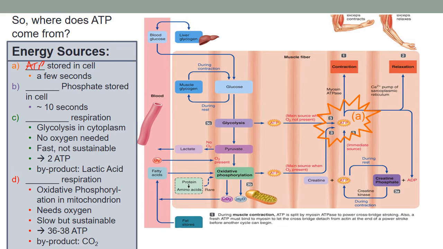Well, there's another energy battery in the cell. If ATP is the main battery, there's a backup battery that is only found in muscle cells, and that backup battery is creatine phosphate. You may have heard of bodybuilders using creatine supplements to try to bulk up their muscles for weightlifting. The reason that works for weightlifting is that creatine goes to your muscle cells, and then creatine plus ATP combine to make something called creatine phosphate.